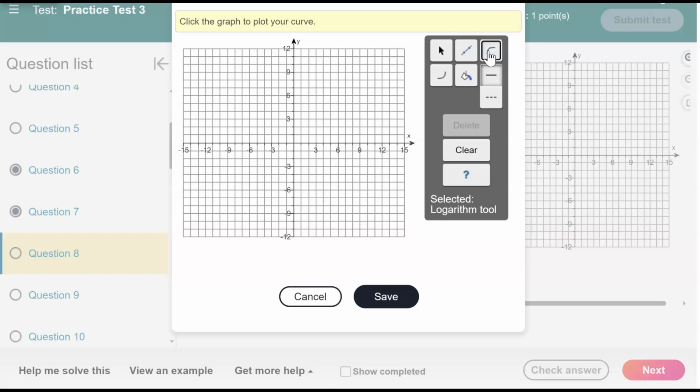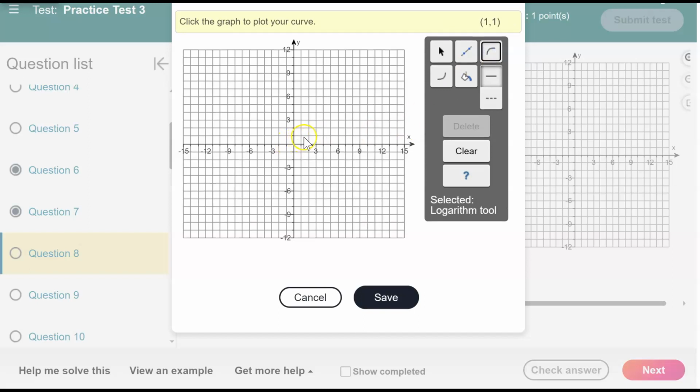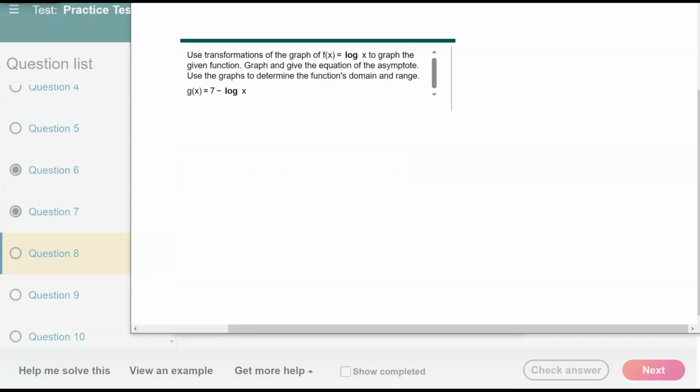You click logarithm, and now if you remember, if you have a logarithmic function and the base is greater than 1, like in this case here, the base is 10, you have an increasing function. Your graph would look like this. So this is when the base is greater than 1.